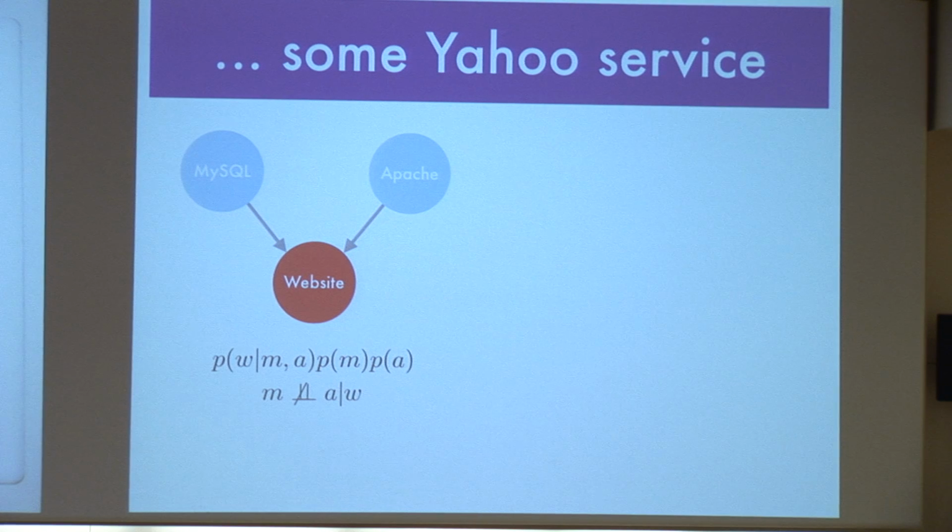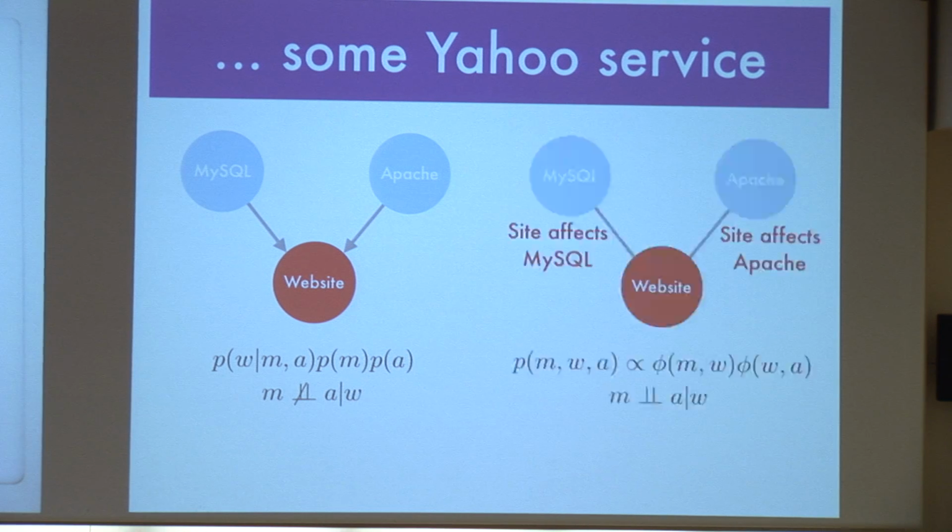So let's get back to our trusty Yahoo service. So we have a database and Apache. And what happened here is that, as soon as I condition on maybe the website, then the database and Apache, the web server, were not independent of each other anymore.